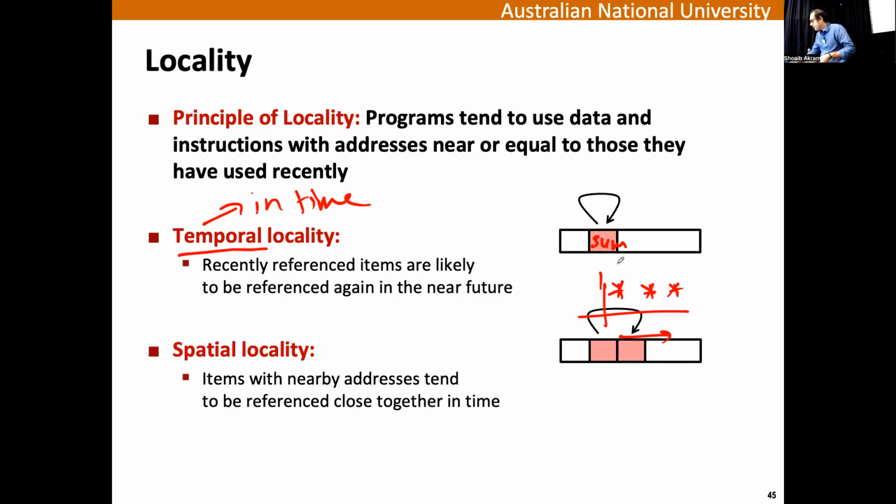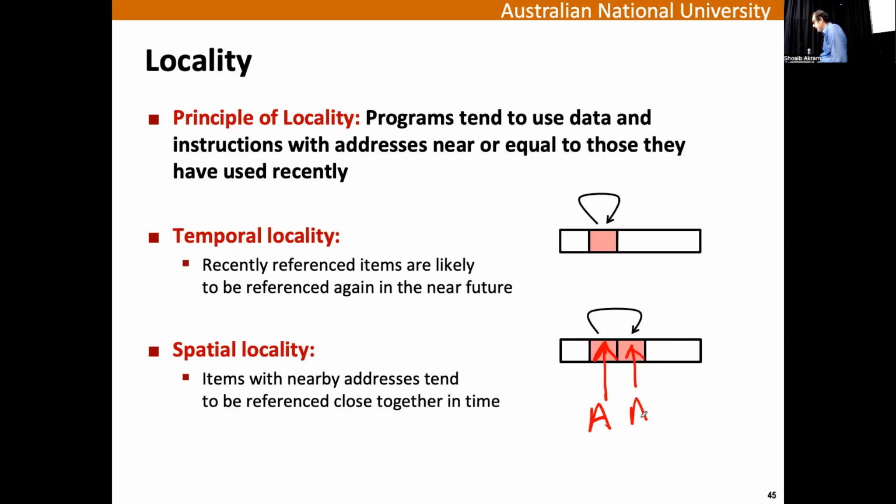Spatial locality is when you access one item or object in memory at address A, and you then access something that is placed next to that address. Locality in space.